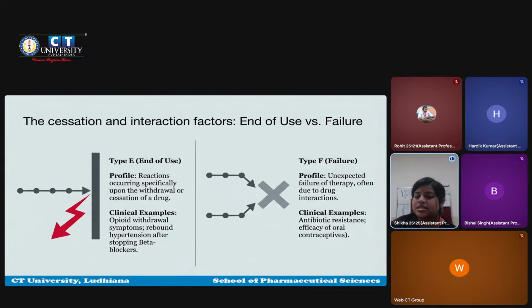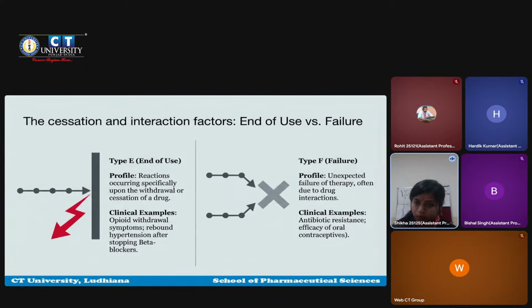An example is antibiotic resistance, which is very common. Nowadays we are using antibiotics very frequently. We are using antibiotics for viral infections also. If you are having a normal cough and cold, then also you are using antibiotics.